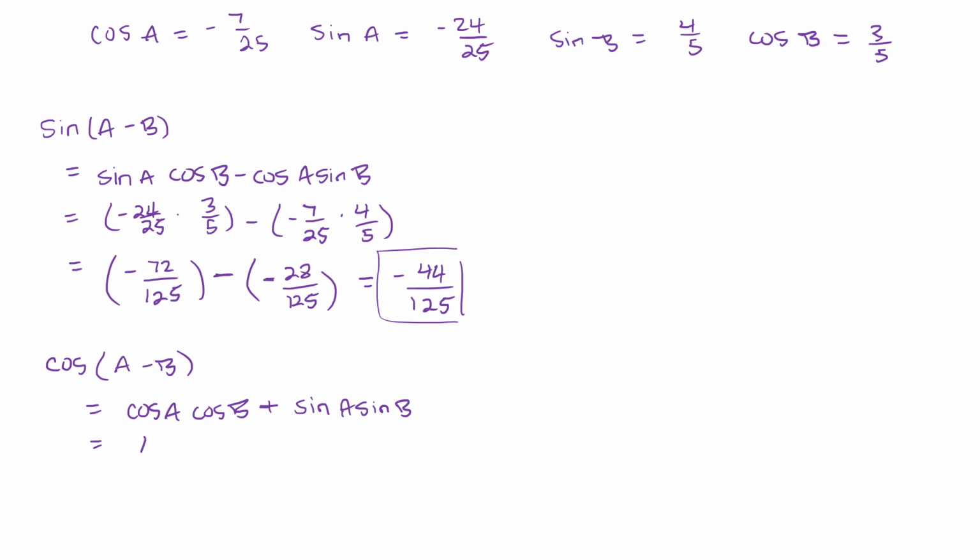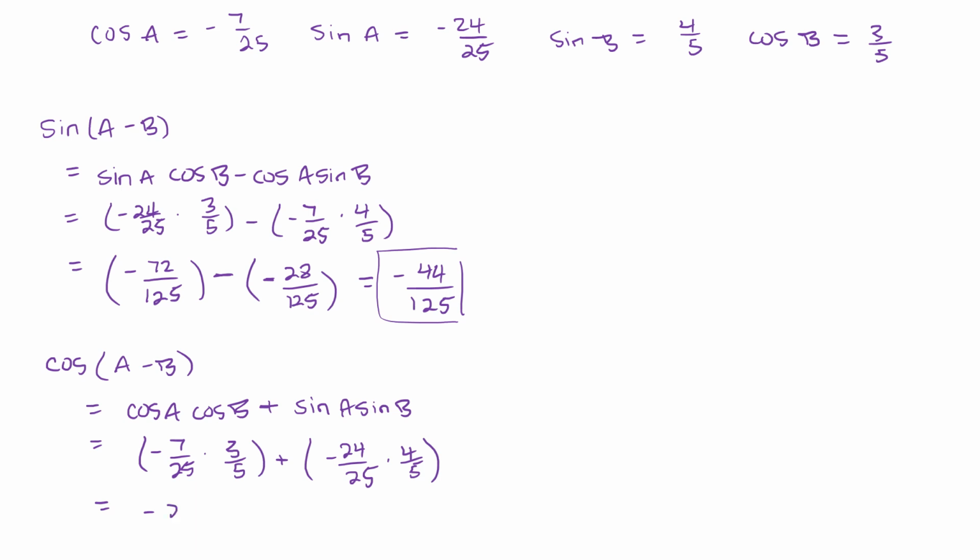Substituting in our values, we have negative 7 over 25 times 3 over 5 plus negative 24 over 25 times 4 over 5.